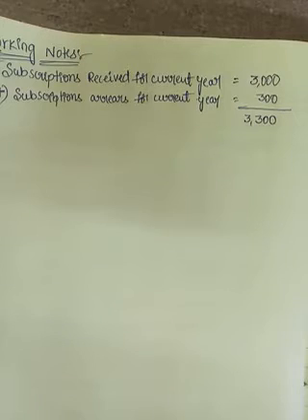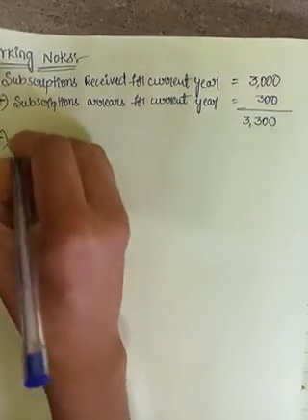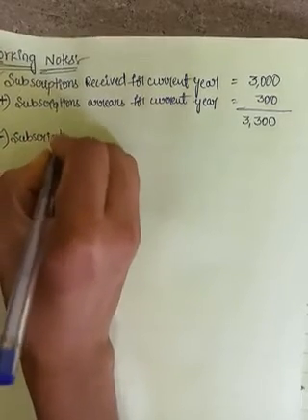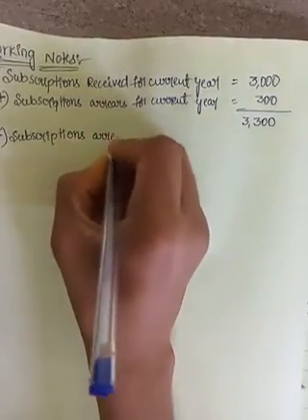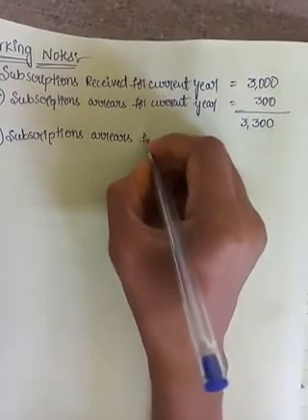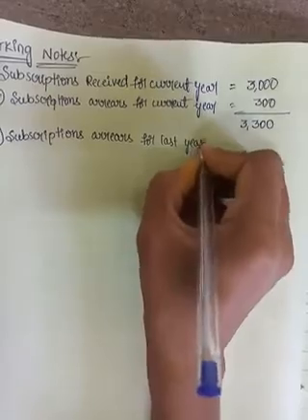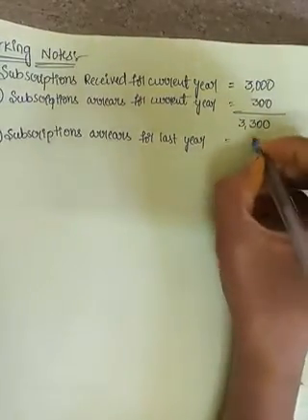Subscriptions arrears for current year is 300, that is 3300, less subscriptions arrears for last year. Subscriptions arrears for last year is 200.